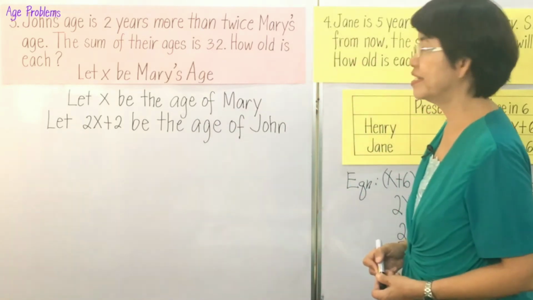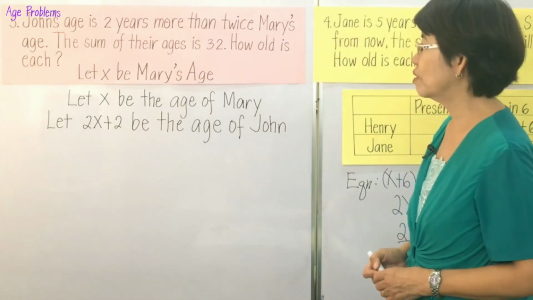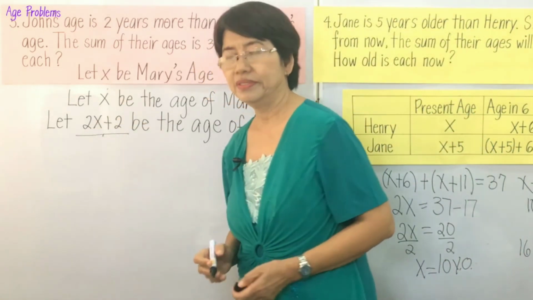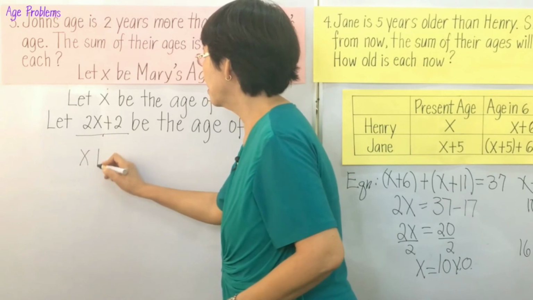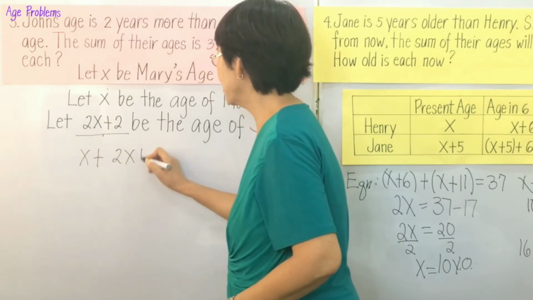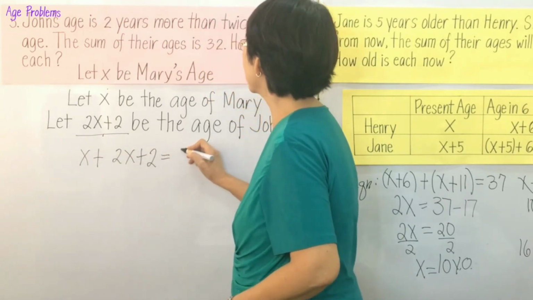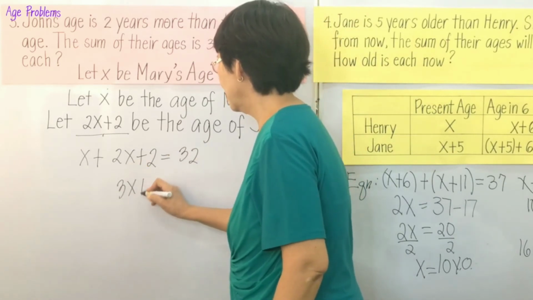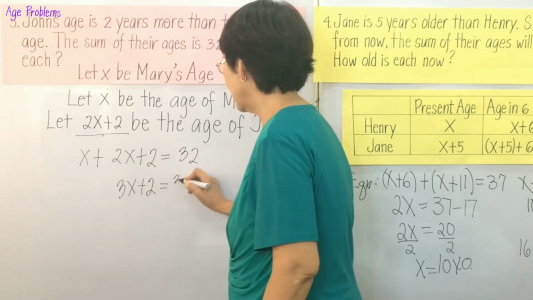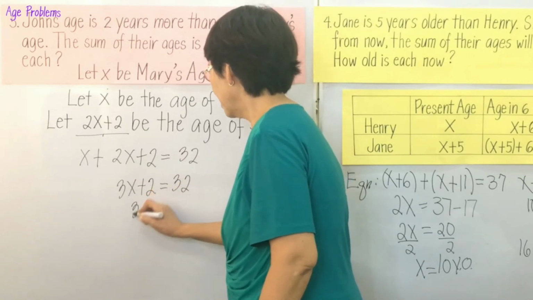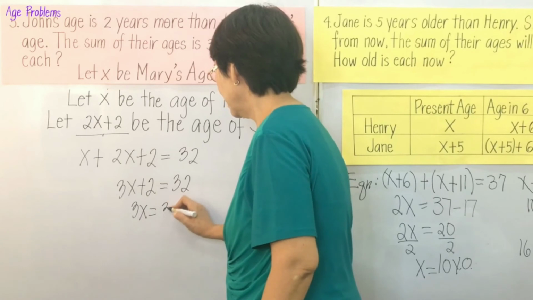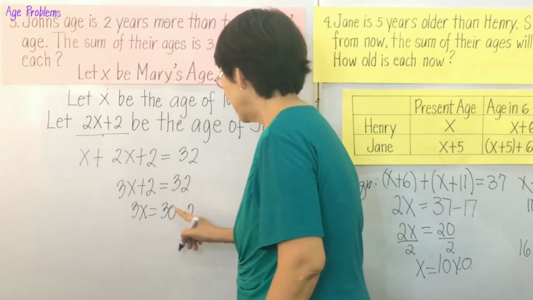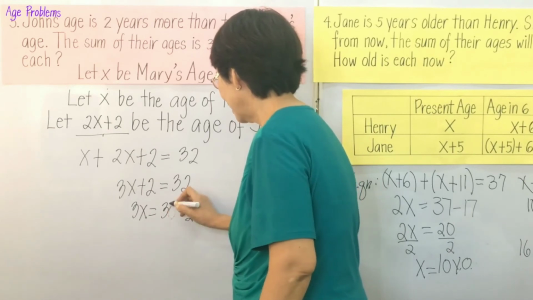The sum of their ages is 32, so we simply get the sum of these two. So we have x plus 2x plus 2 equals 32. And we have 3x plus 2 equals 32. 3x is equal to 32 minus 2. That's 30.